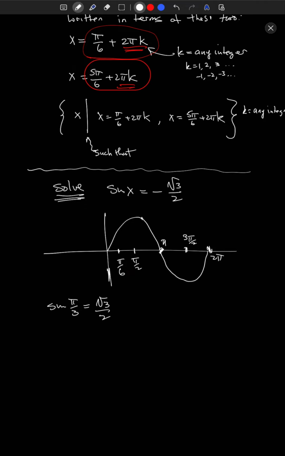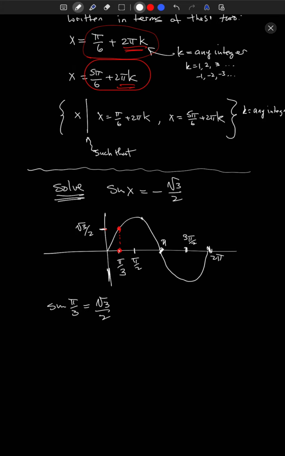This doesn't have to be perfectly accurate, but I'm really interested in which hump pi over 3 is on, and it's the first hump. So pi over 3 is there, and this height here is root 3 over 2.